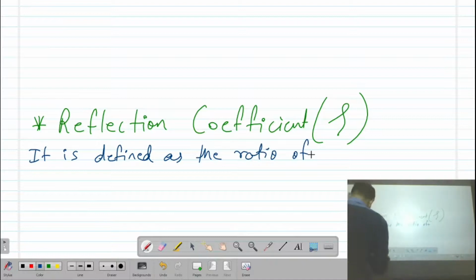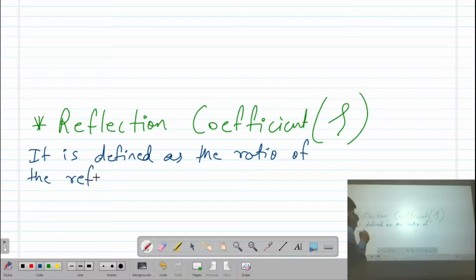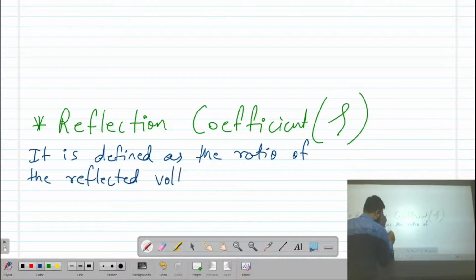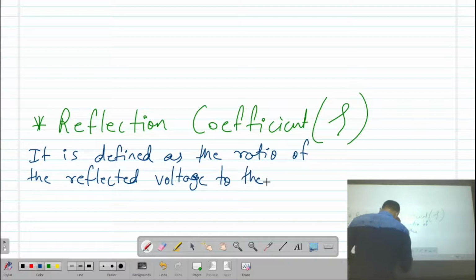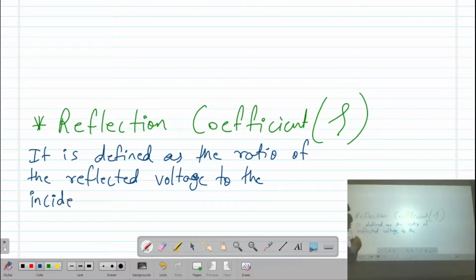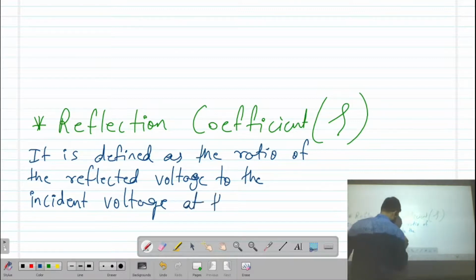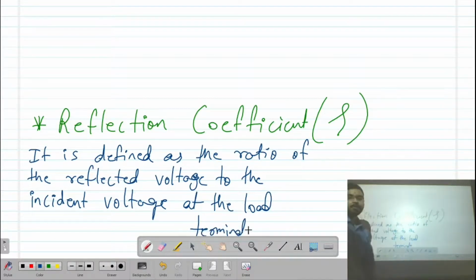It is defined as the ratio of the reflected voltage to the incident voltage at the load terminal, at the load terminal.